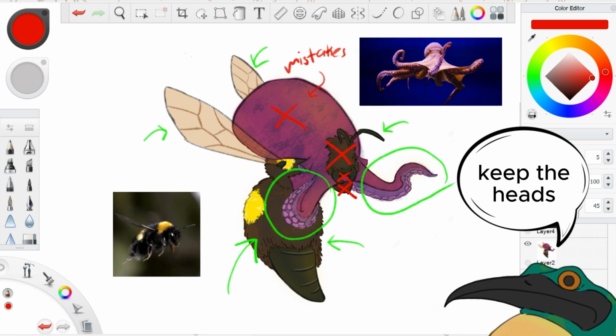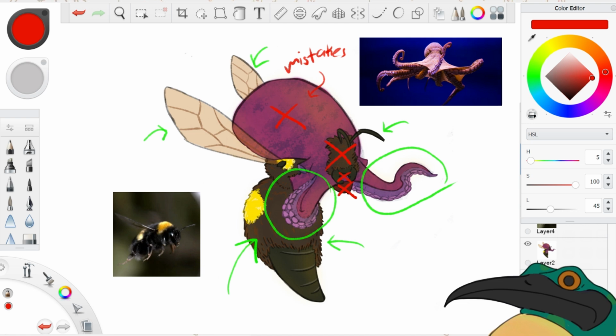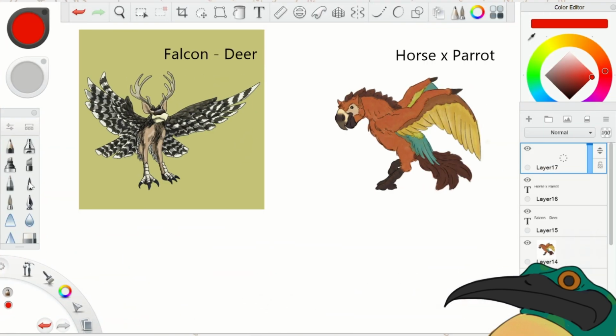But there are 2 things to consider in determining differences. These are the correspondence and the functionality of parts. Let us take falcon minus deer here, for example, drawn by my friend JV, and compare it to the classic horse times parrot. As you can see here, I multiplied or mixed the parrot wings with the front legs of the horse.